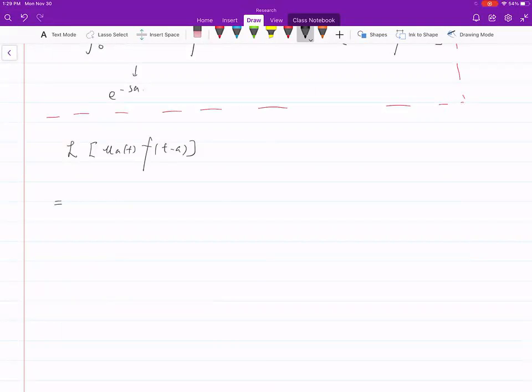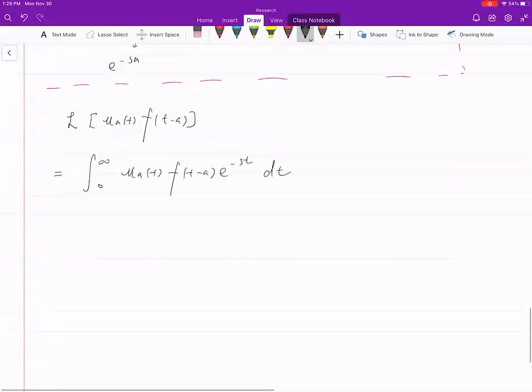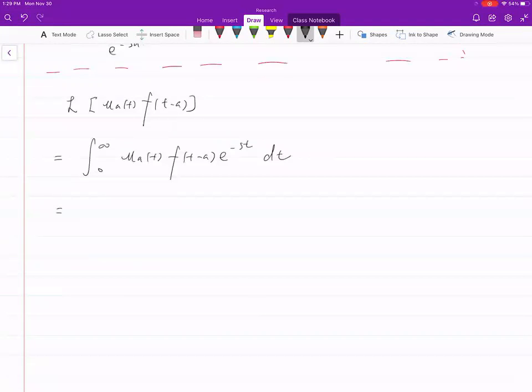Well, it's going to be... which is going to be... because before A, this one is 0.